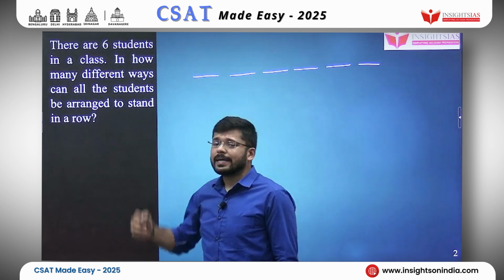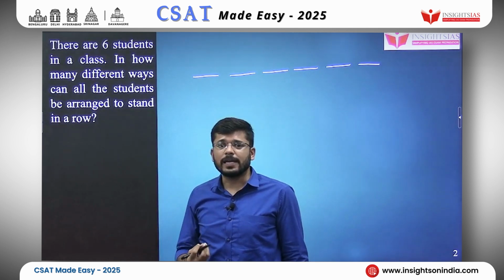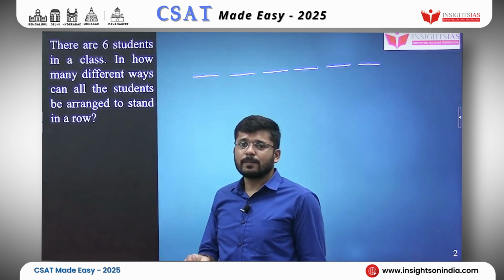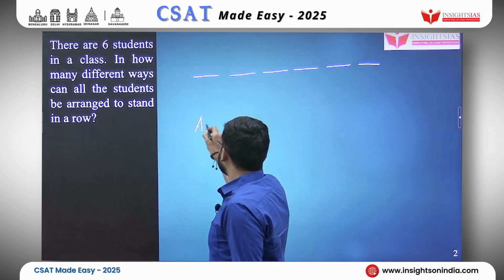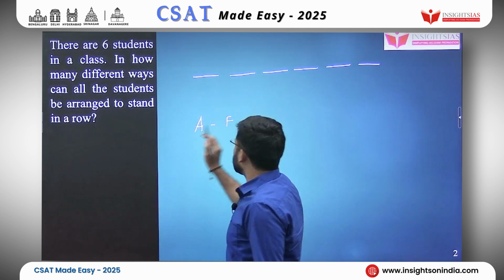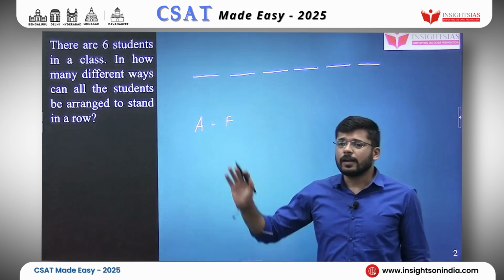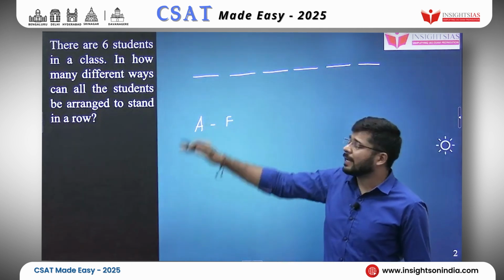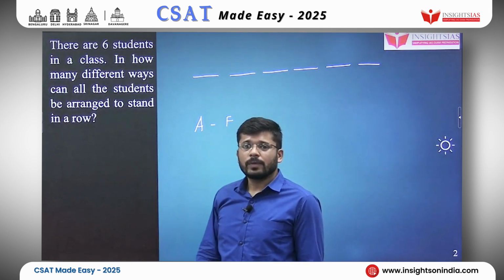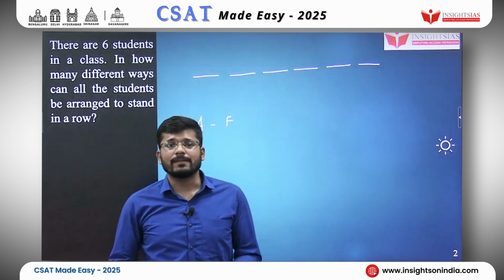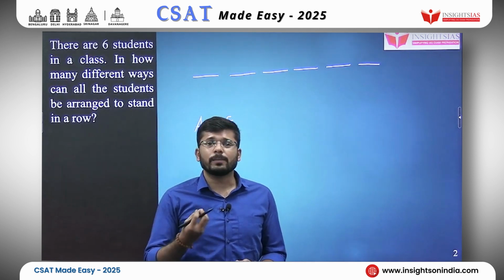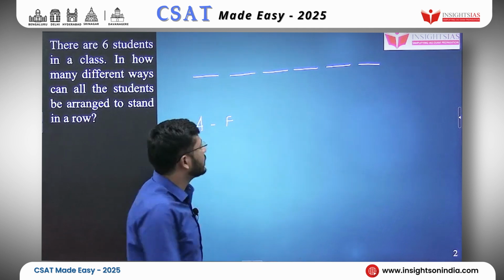Let the 6 students' names be A, B, C, D, E and F. Their names are A to F. Now we are to make them stand in a row. In how many different ways can we achieve that? What do they mean by different ways? It is like this.